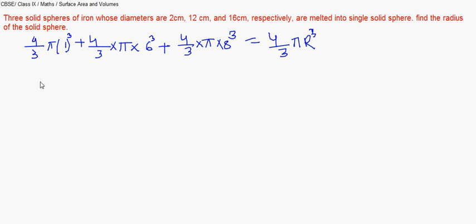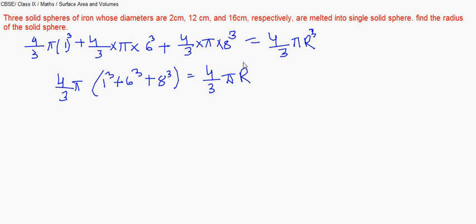Now if I take 4 by 3 pi common, we're left with 1 cube plus 6 cube plus 8 cube. This is equal to 4 by 3 pi and capital R cube. Let us cancel these pi and 4 by 3. Now if we solve, I am getting 1 plus 216 plus 512.